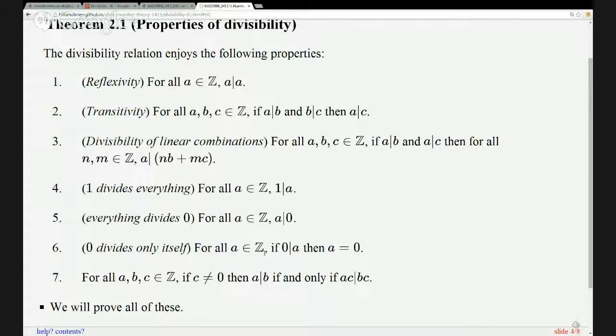We know what the value at the right-hand side is. What value does it have? 0. 0 times something. So A is 0. The only thing that's divisible by 0 is itself.